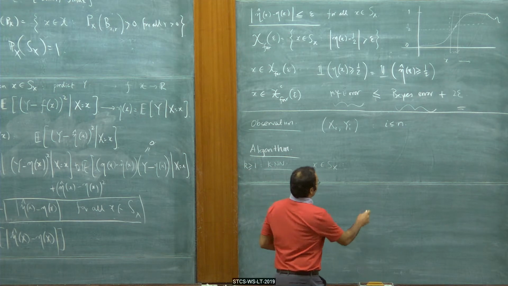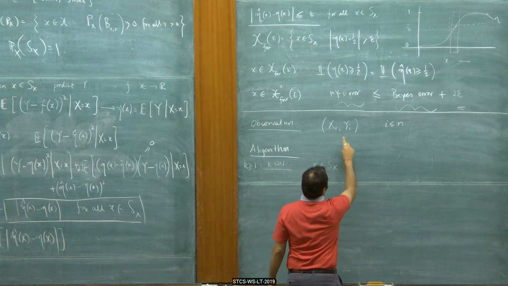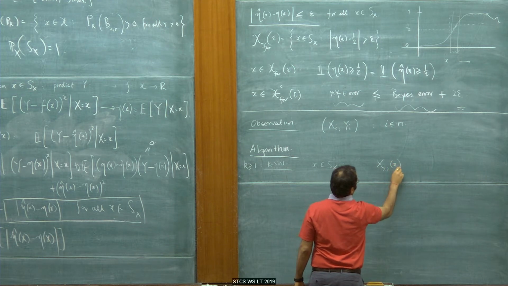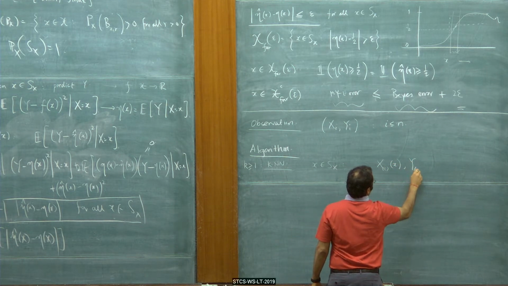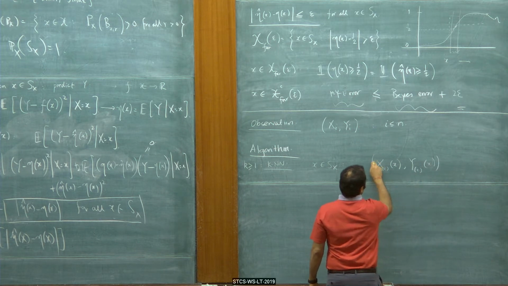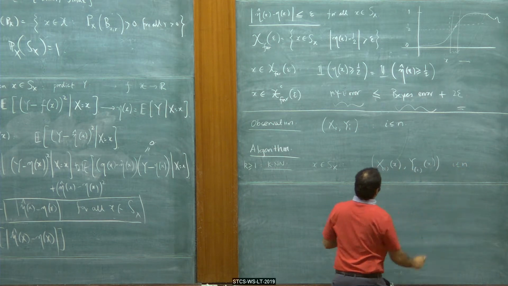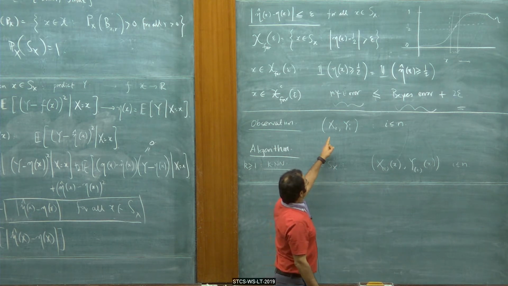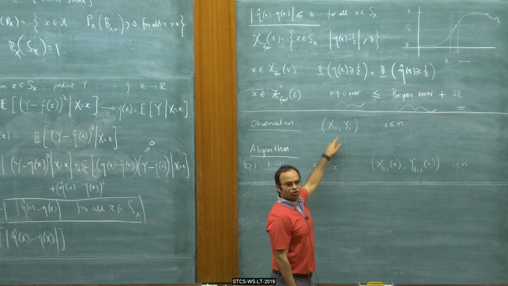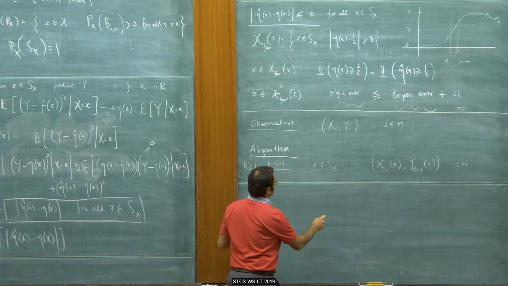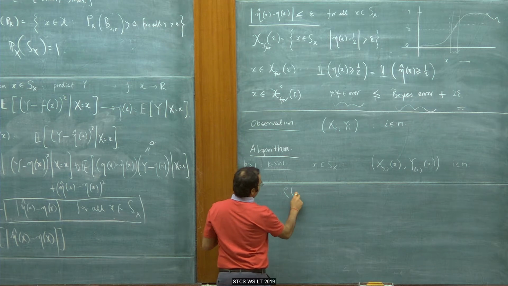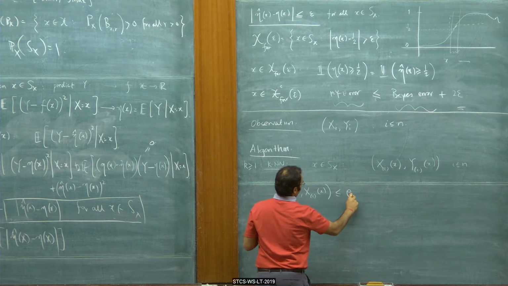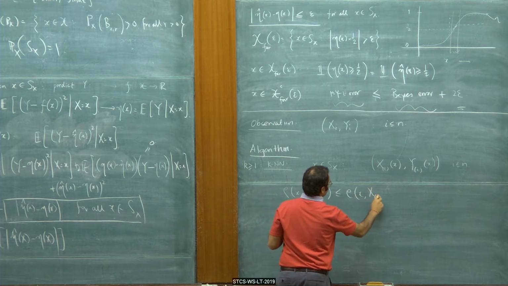Suppose these are reordered, and hence I use this index, xi of x, and the corresponding labels are yi of x, whereby this reindexing I mean that x1 of x is the point that is closest to x with respect to the metric rho. That is, rho_X of x1 of x is less than or equal to rho_X of x2 of x.